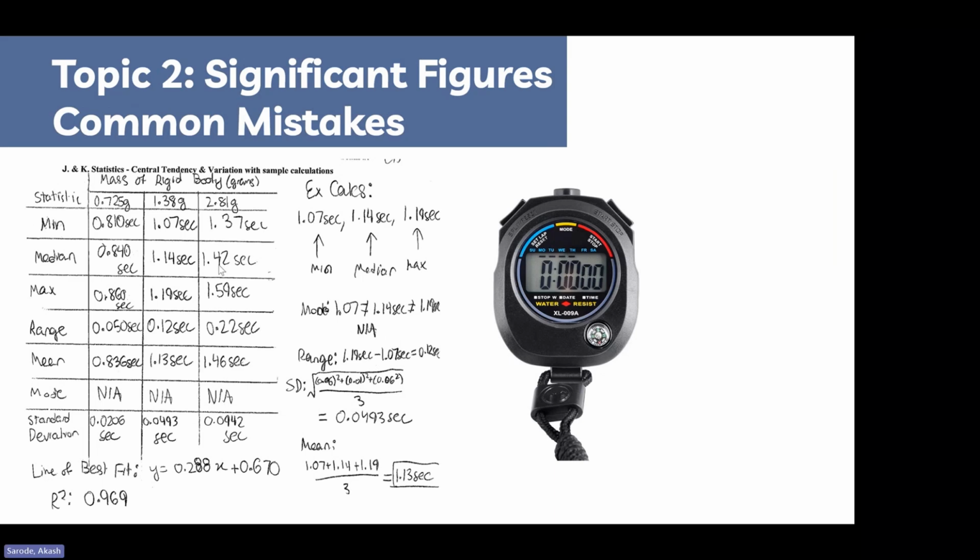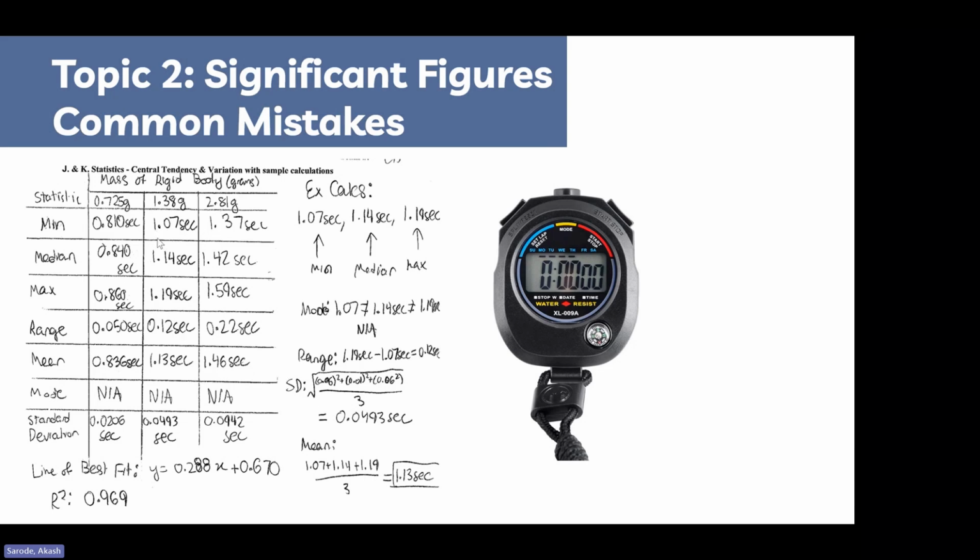And this is another example of statistics, and it has a few mistakes in terms of significant figures that I want to go over. So this is a physics-related experiment where we had to figure out the effect that the mass of a rigid body has on the period of rotation, basically.